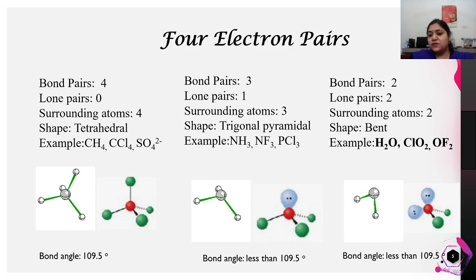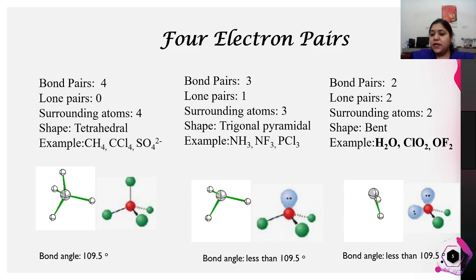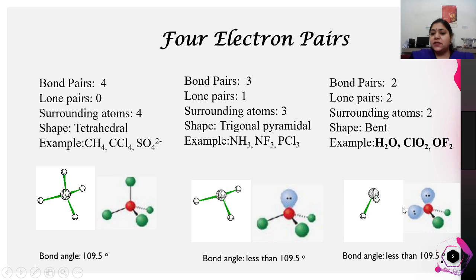But in that case what happened? One lone pair and 2 bond pairs give a bond angle which is slightly lower than 120. But here it is slightly lower than 109.5, and the main difference is that this geometry originated from the tetrahedral geometry and that bent shape originated from a trigonal planar geometry.